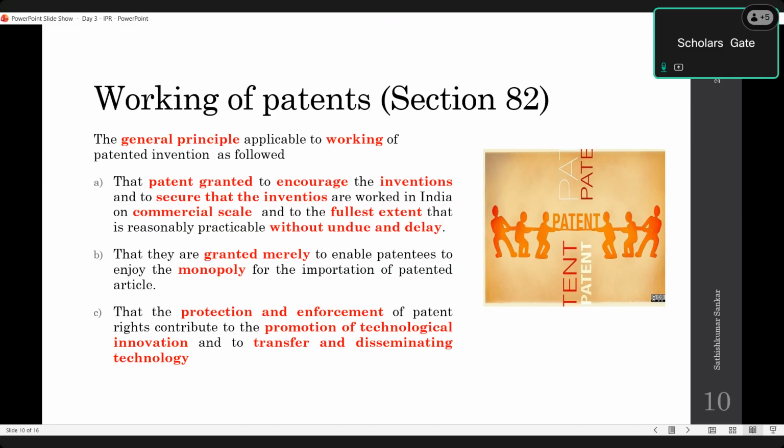Once the patent is published, they are not thinking about that particular patent. Patent publication is a common thing, but the patent should be granted. Once the patent is granted, it can go for commercial scale, or import or export. We want to commercialize that particular invention, then only will it reach the last people in the country, or the last people in the world. That is the most important thing.